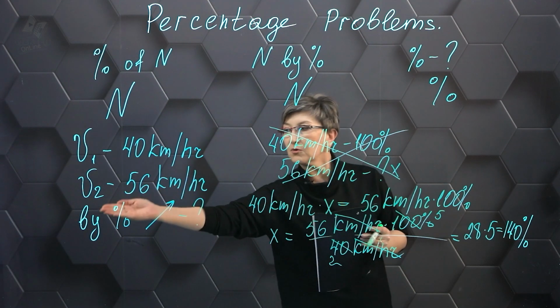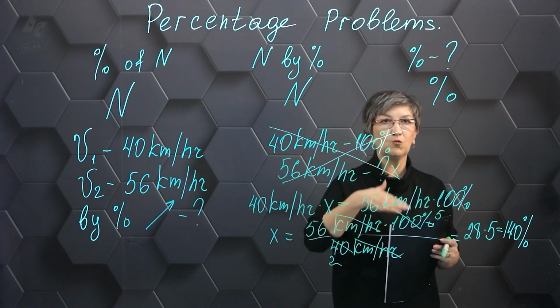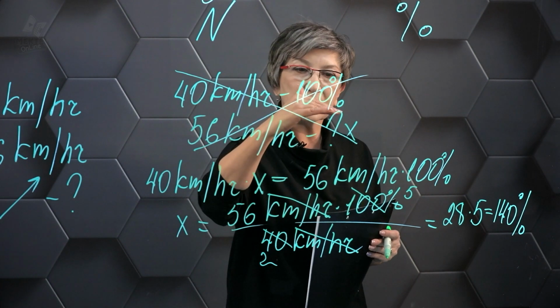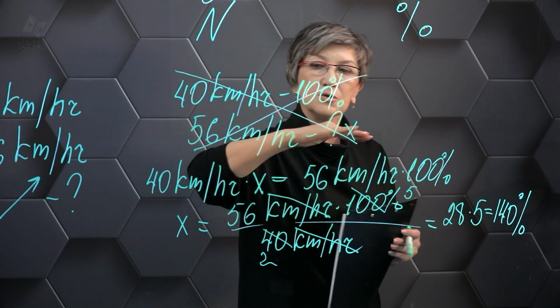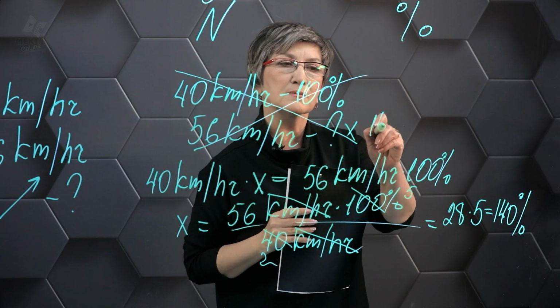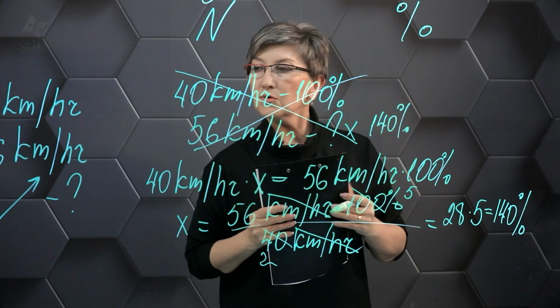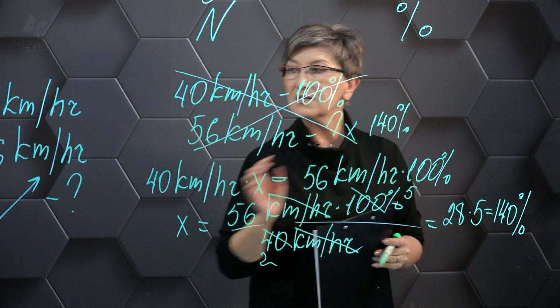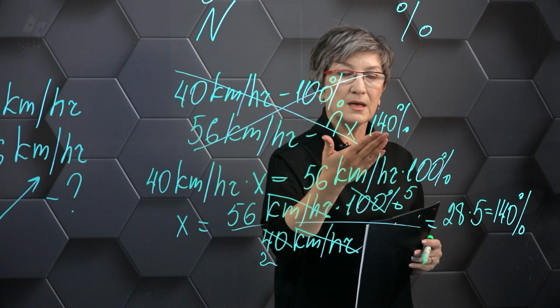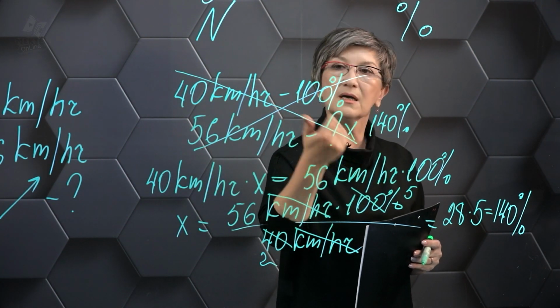So the question is, how much more speed? If my speed was 100% and we found that 56 kilometers per hour is 140%, then I can safely answer the question: by how many percent did the speed increase? Clearly, I have to subtract 100% from 140%.